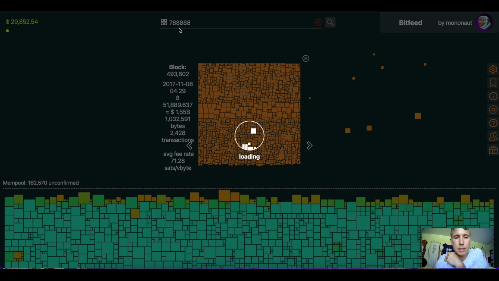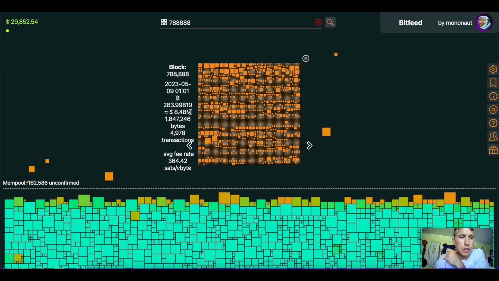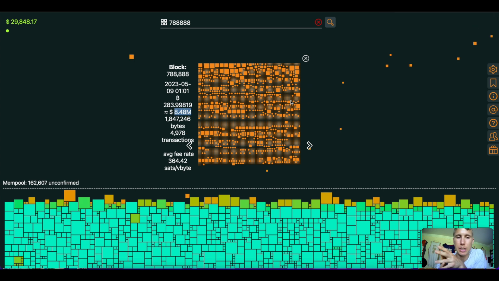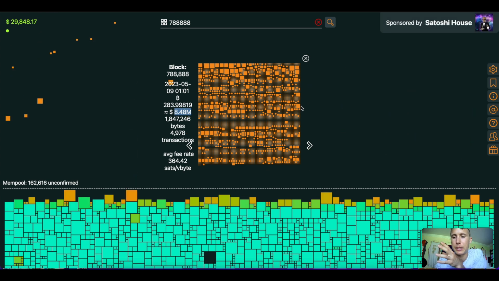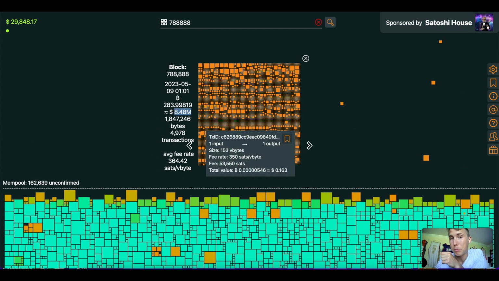This one is a little more recent than 436902. You can see here that there is only $8.48 million transferred in this block, and it looks kind of empty. The ones that are more congested and have a lot of Bitcoin on them are going to be the billionaire blocks. This is only a millionaire block. It's not really valuable. But if you get something that's like a $10 billion block or even a $100 billion block, that would be nuts.